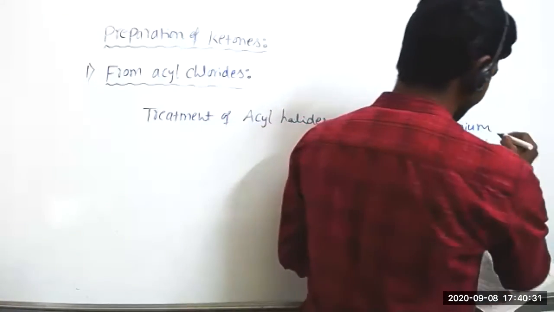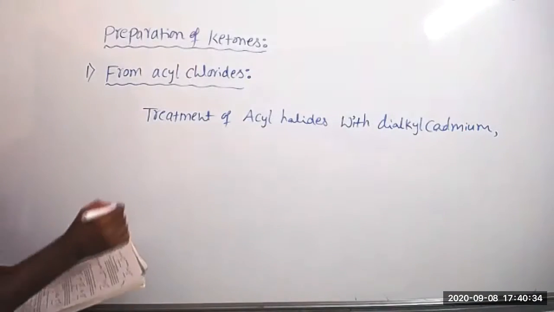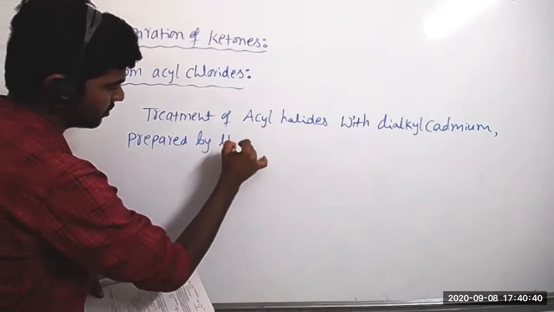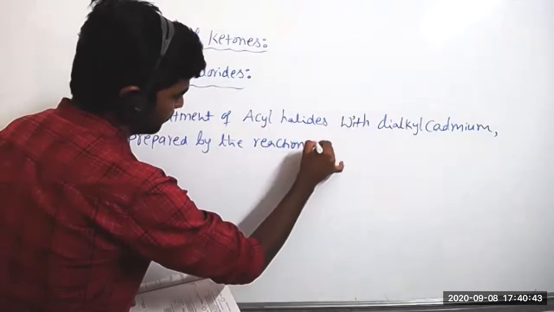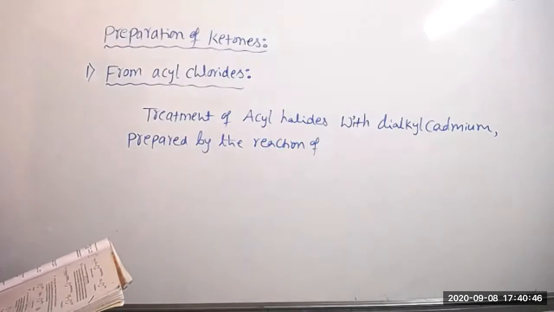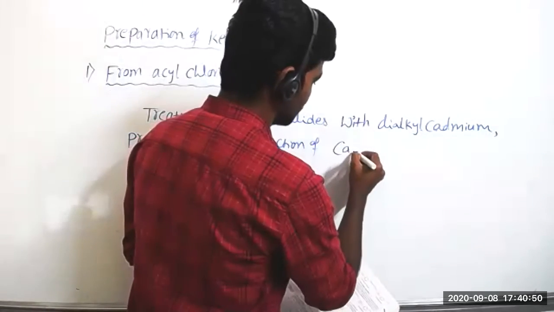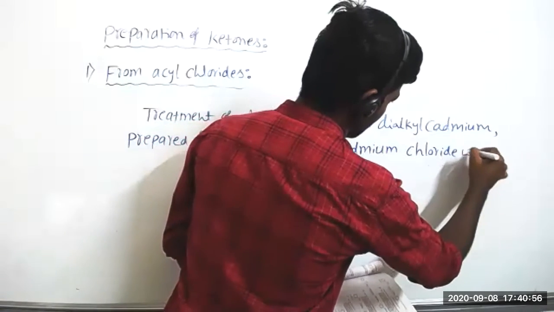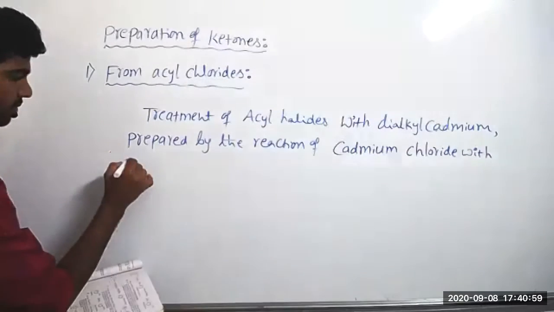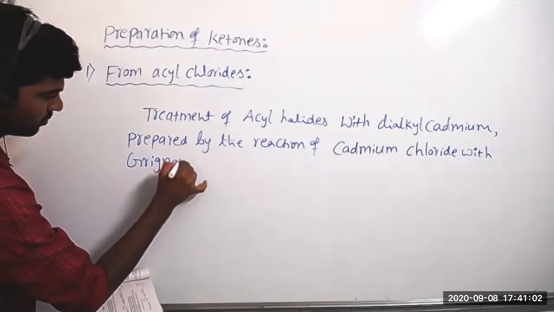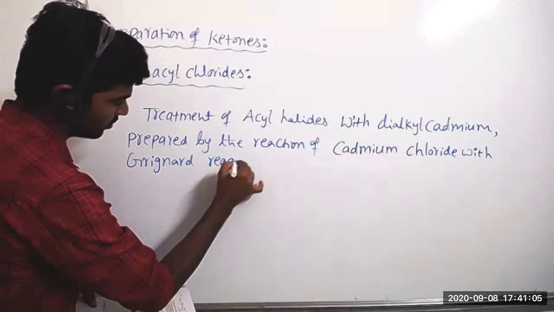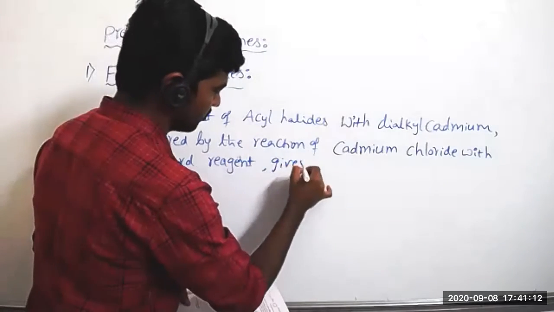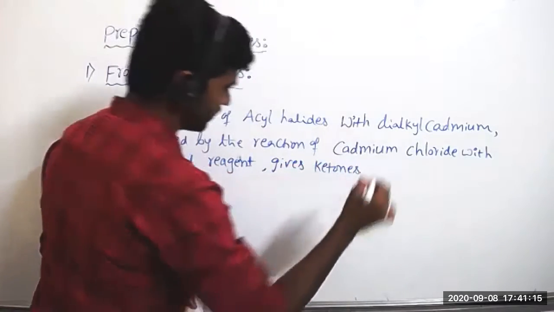Dialkyl cadmium is prepared by the reaction of cadmium chloride with Grignard reagent.